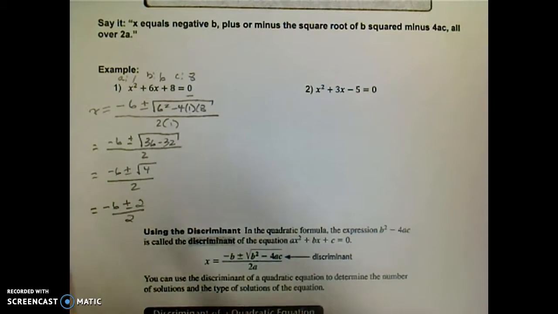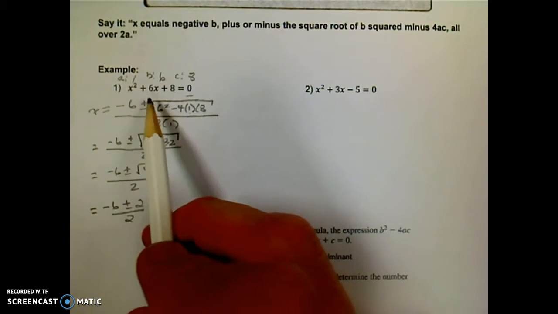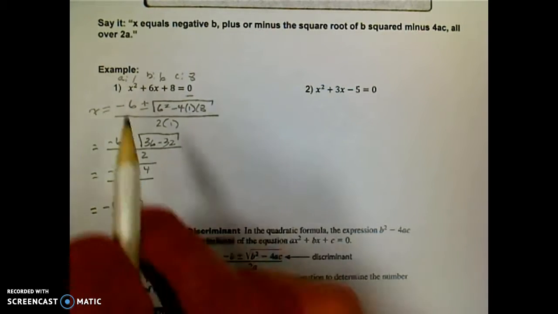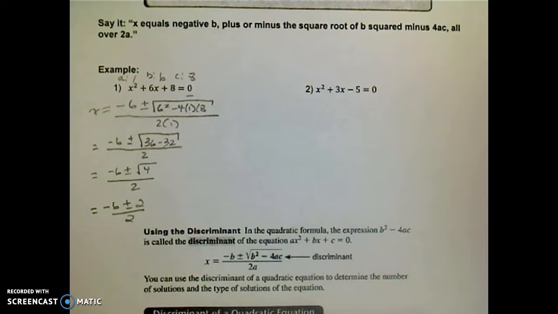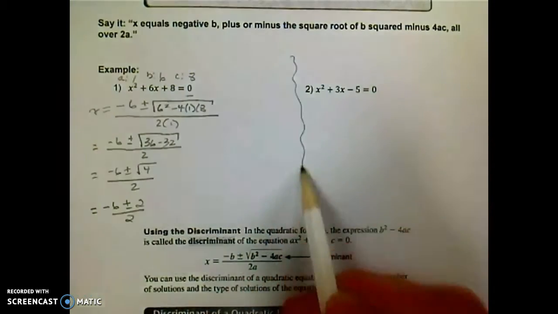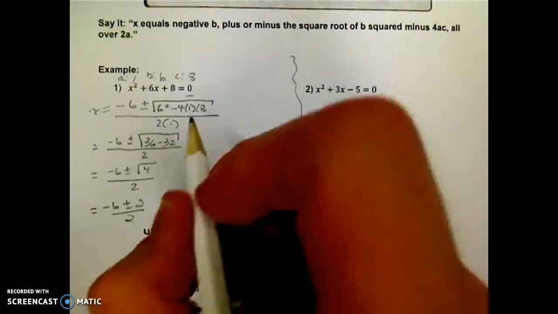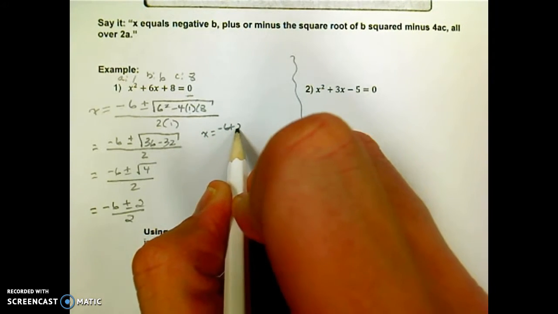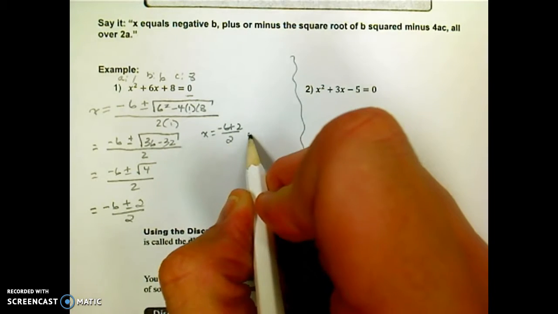So somebody a long time ago, wise math guy or math girl, said, look, why don't we combine that plus minus? And then we'll just write this once, and we can split it up when the time comes. Well, this looks like a good time to do that split. So we're going to write x equals negative 6 plus 2 over 2.